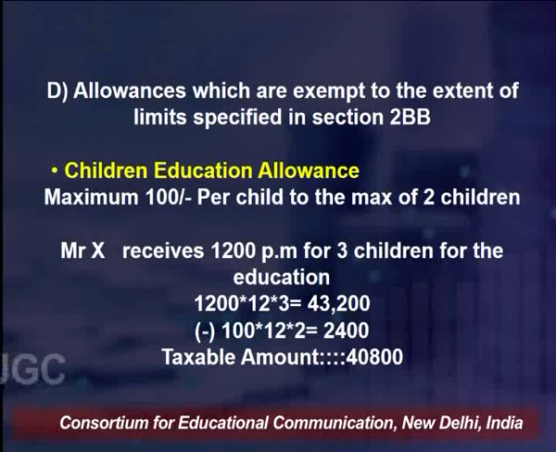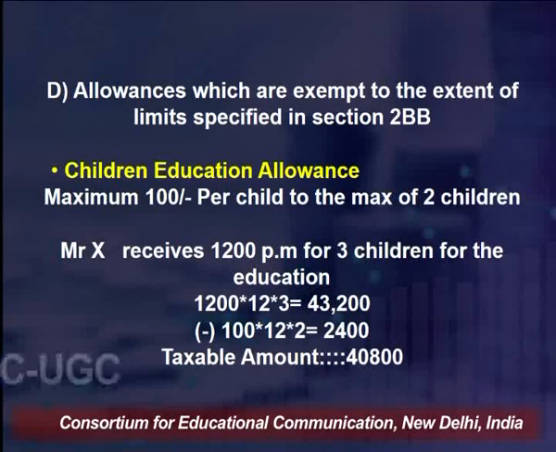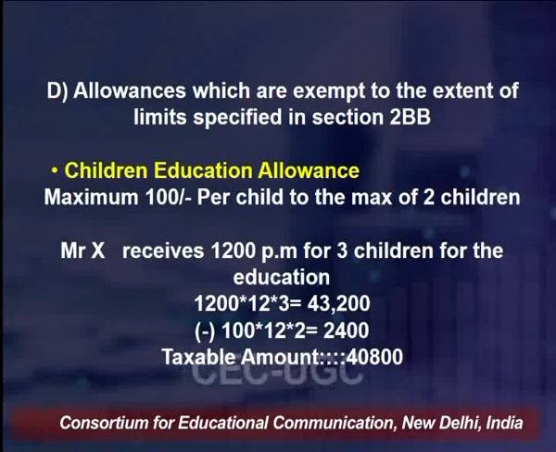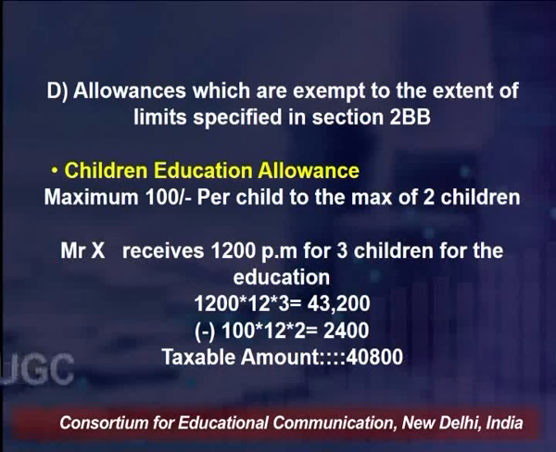Now, out of this 1200 that he is receiving for 3 children for 12 months, what will be the exempted amount of allowances? It will be only 100 per child to the max of 2 children. That means he will be given an exemption of 100 rupees per child for 2 children maximum.